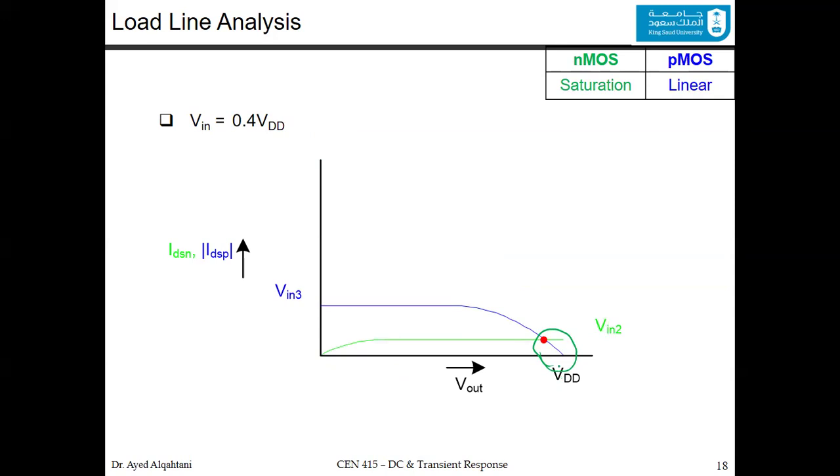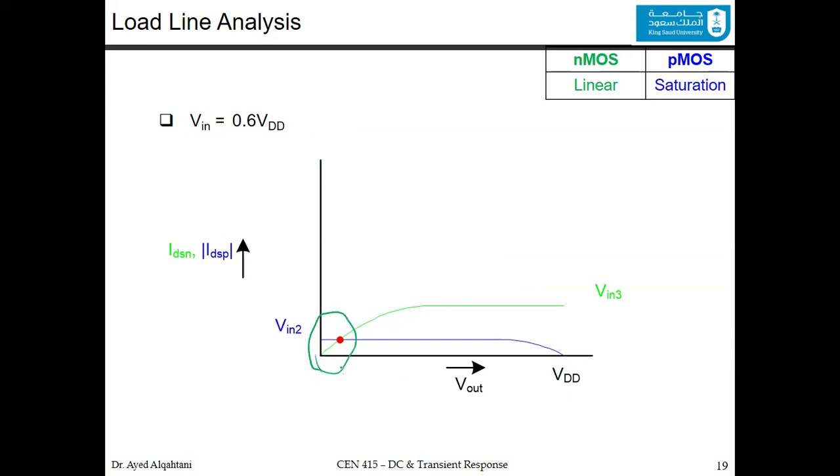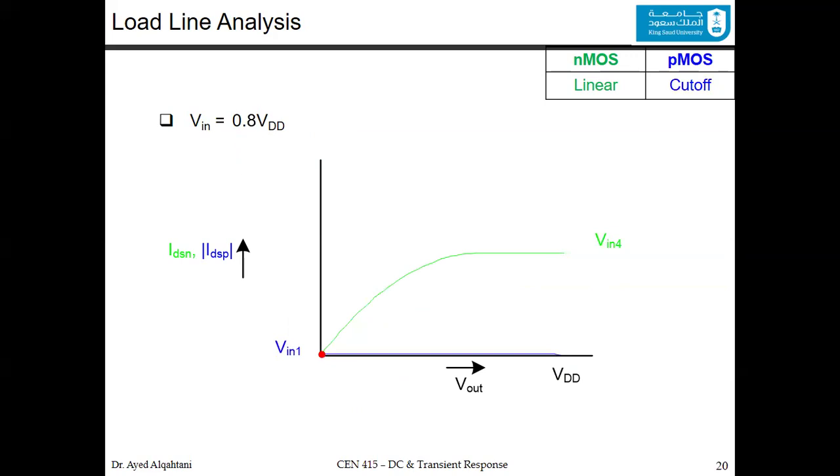Now, if you increase the input to 60%, it's closer to logic 1 at the input. So at the output, it's closer to the ground, which is based on the inverter. If you have logic 1 at the input, then it's logic 0 at the output. Again, if you increase it to 80%, it's even getting closer to the ground, or logic 0.